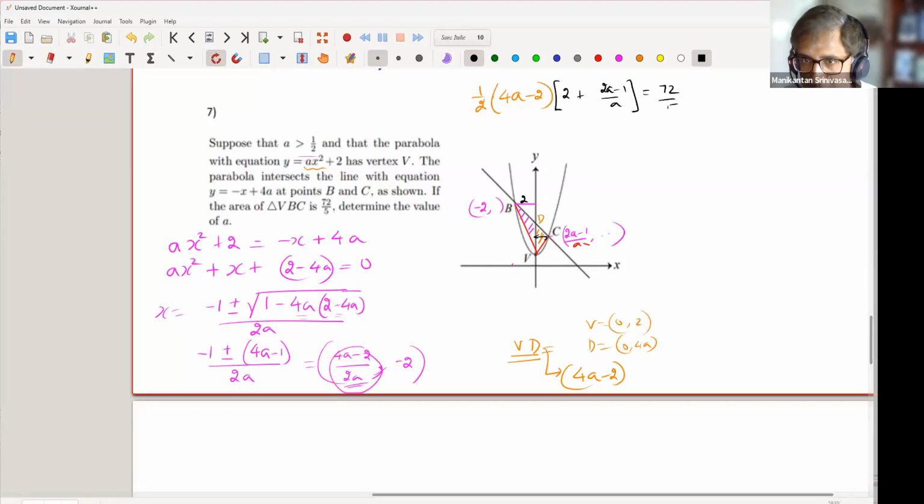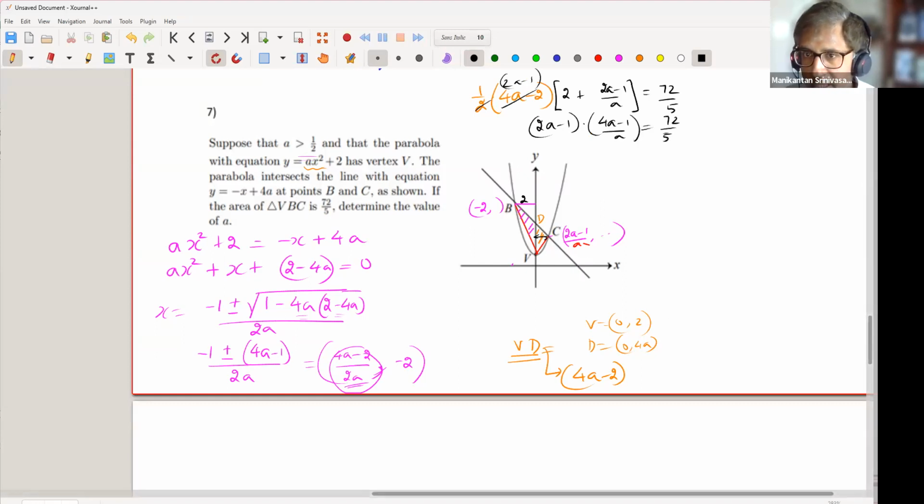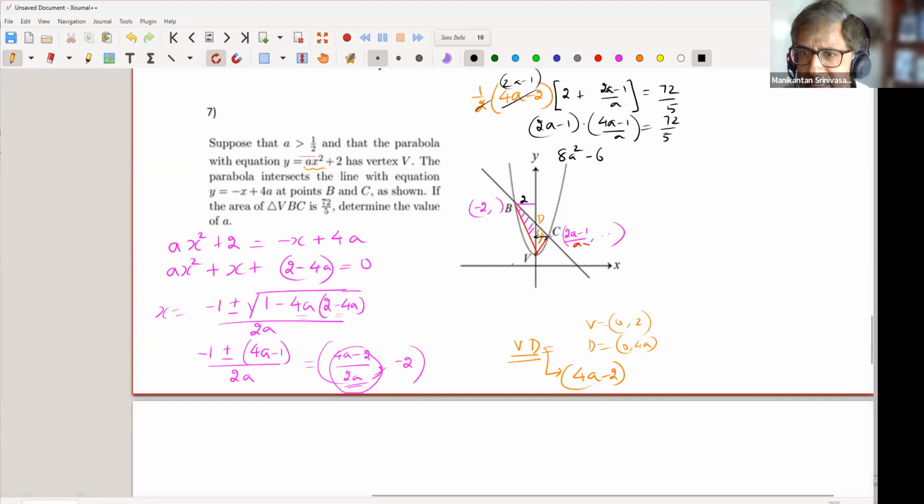So barring any silly mistake, I think this should work, right? So this is 2a minus 1. So 2a minus 1 times 2 times 2 is 4a minus 1 upon a equal to 72 by 5. So let's multiply 8a square minus 6a plus 1 whole times 5 equal to 72a. If I do some silly mistake, please catch me, guys.